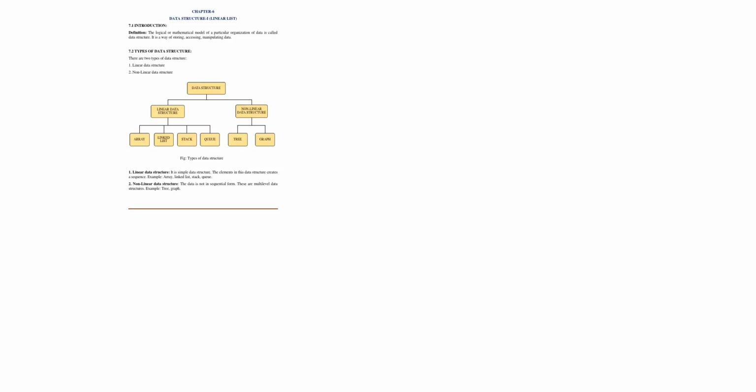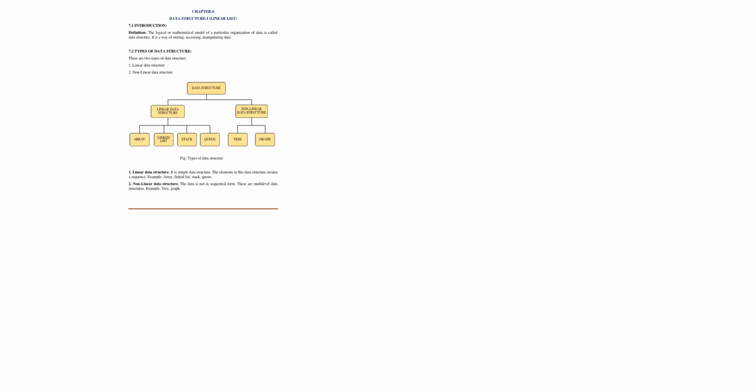Okay, so it's better if you organize your things in a proper way, then it is easy to search anything. Fine, similarly data structure is a model for a particular organization of data. And it is a way of storing, accessing, and manipulating data.